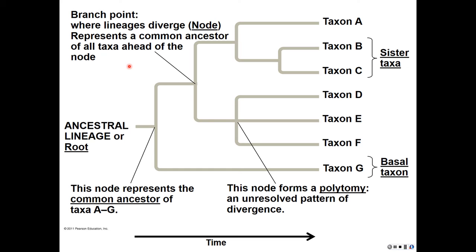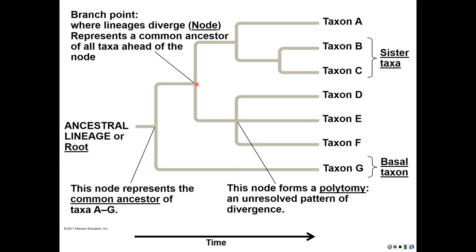And what we call a branch point, also referred to as a node, is where a lineage diverges. So if we're talking about a species, there'd be a speciation event. So in this node here, where we're branching, that's called the node, and there's some kind of speciation event there.